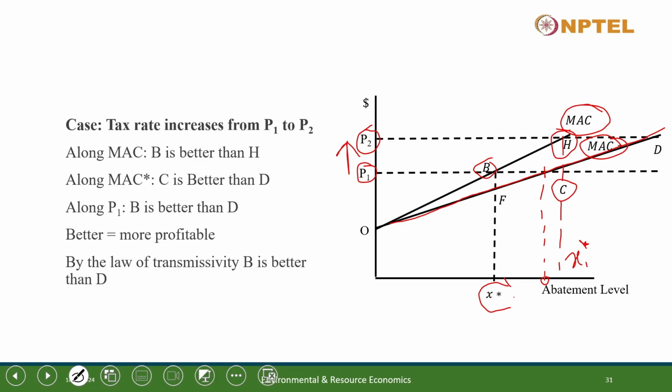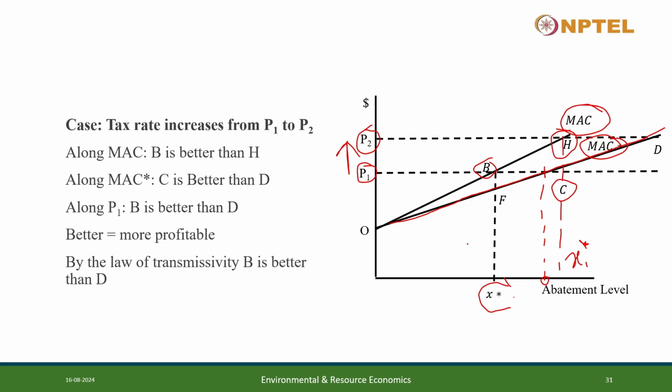And point D is the one for the new tax rate. So when the tax increases, I'll move from C to D in the case of the new marginal abatement cost curve, and in the case of the old marginal abatement cost curve, I'll move from B to H. Now, which one is better?